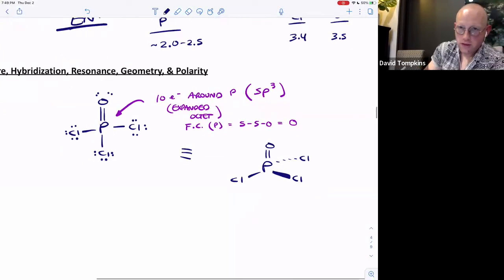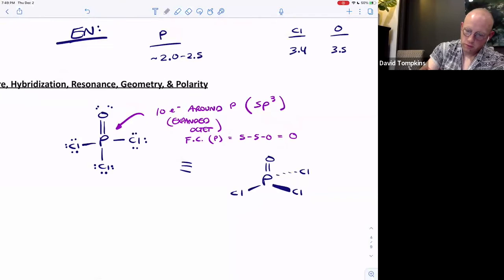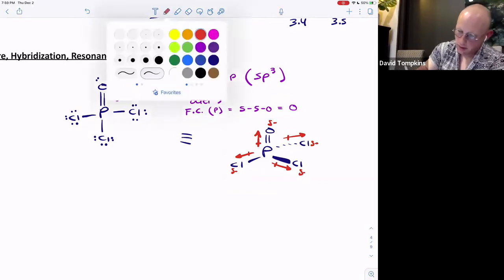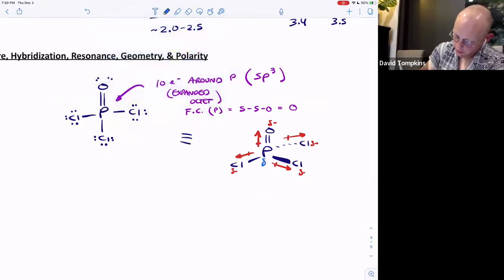So those differences in electronegativity are all greater than 0.5. So these bonds are all very polar, and they point towards the more electronegative element. So the charge on oxygen and chlorine is partial negative. The electrons are polarized that way. And the phosphorus is electron deficient.